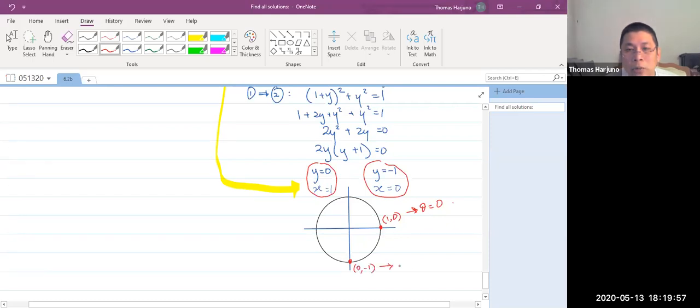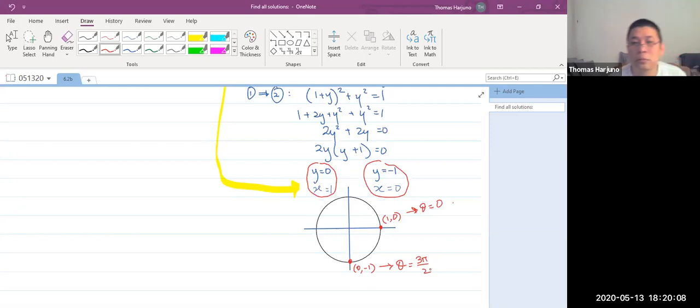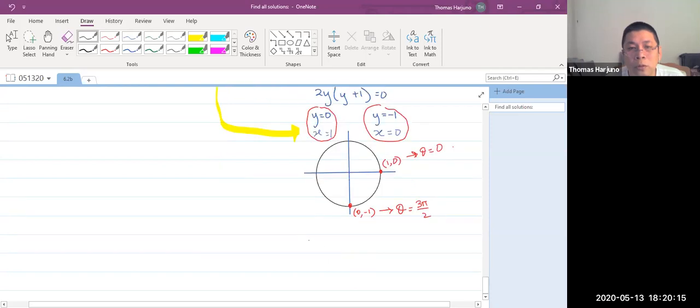Theta equals 3 pi over 2. Now we are done. We don't need to check the solution, and that's the solution we had earlier: theta equals 0, theta equals 3 pi over 2.